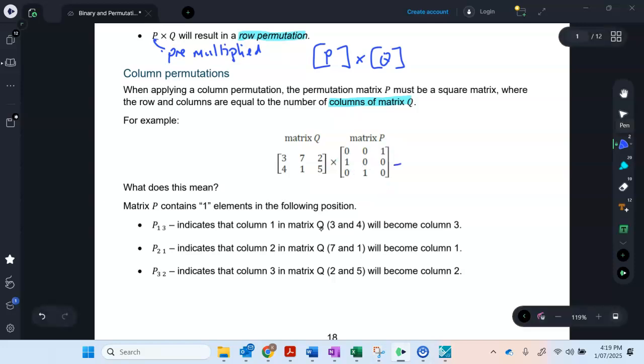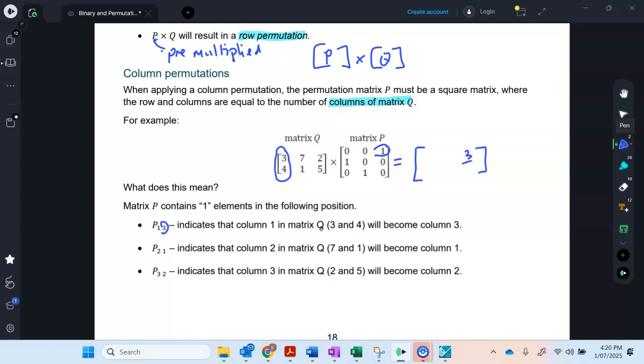So in our permutation matrix, it was in column 1, but because of this 3, our 1 in column 3, it's now being switched to column 3. Three over 4, not 3 over 4, 3 and 4.